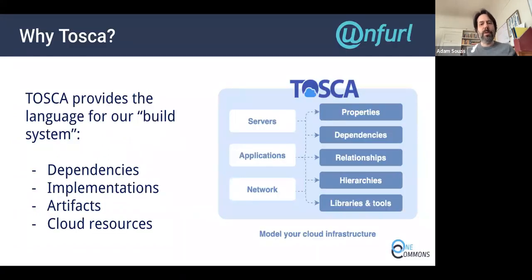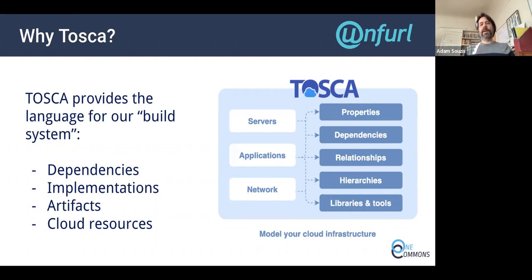And so why Tosca? Why did I end up ripping out what I was doing and rebuilding it using Tosca? Well, Tosca provides the language and the vocabulary that we need to describe all these relationships to create this build system. Tosca lets you describe artifacts.